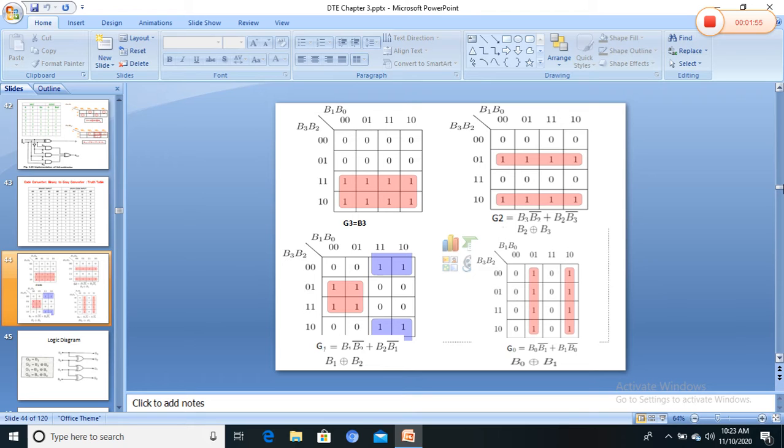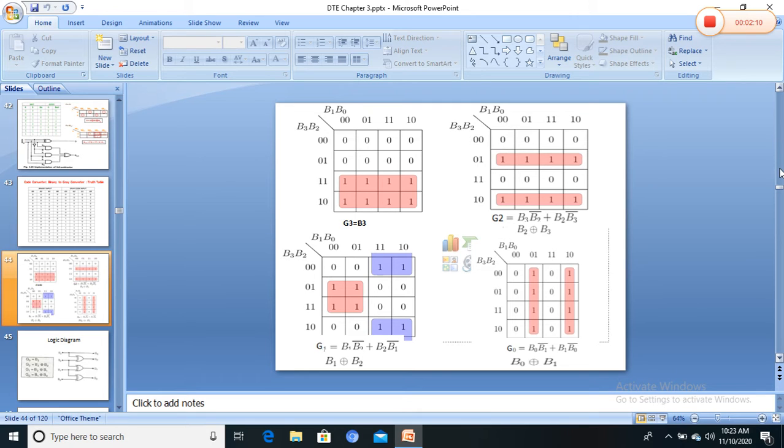From the truth table we have to find the equations using the K-map simplification method. For the binary to gray conversion, the outputs are G3, G2, G1 and G0.